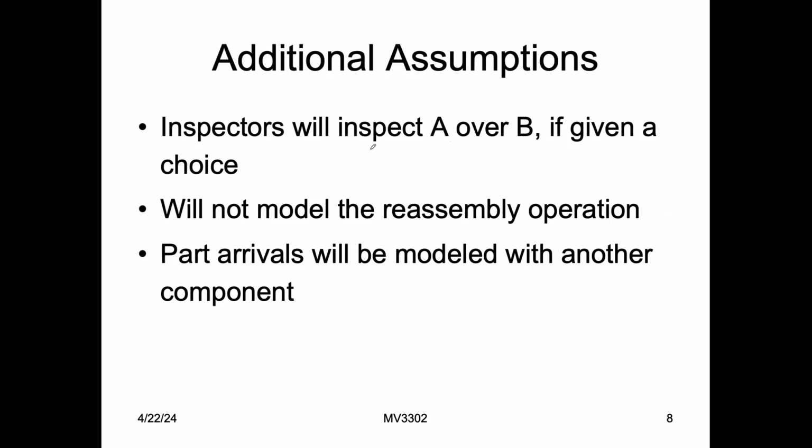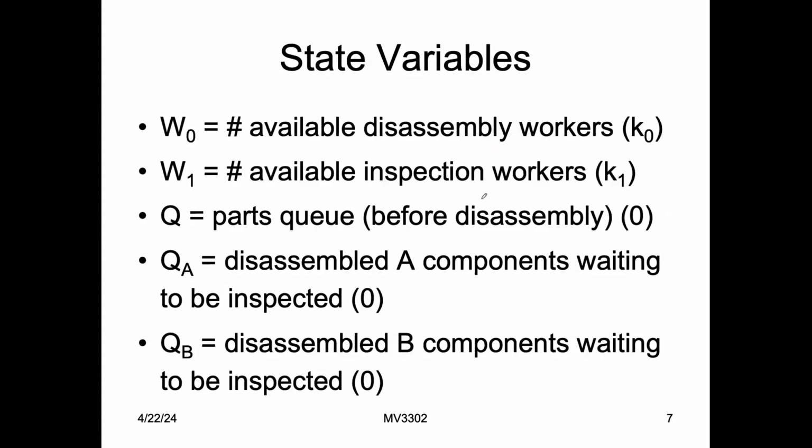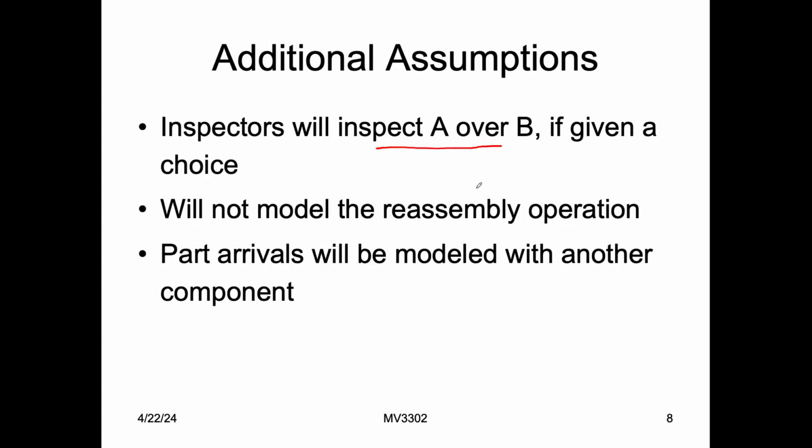So as I said, we're going to assume that inspectors are always going to be inspecting A over B if given a choice. We'll have to come back to that. If you were modeling an actual system, what you would do is maybe ask them what their policy is, and model that.